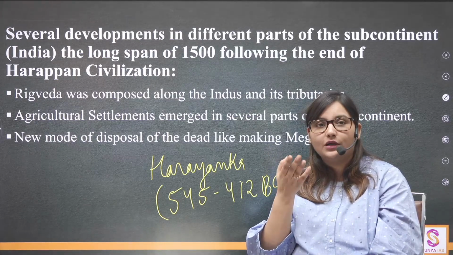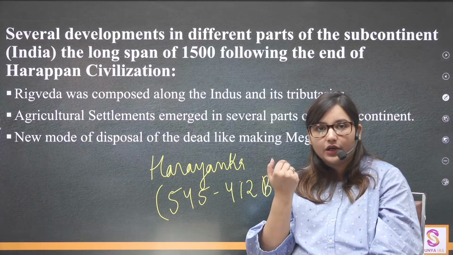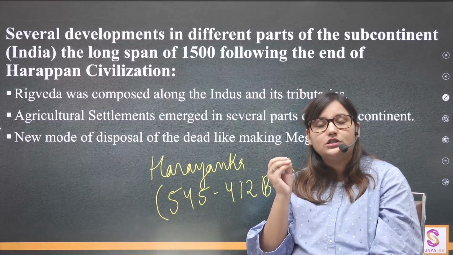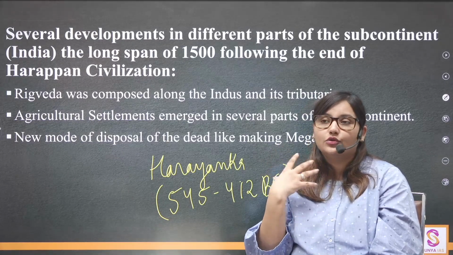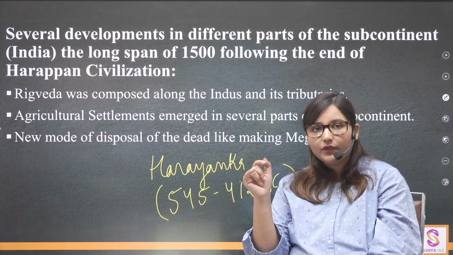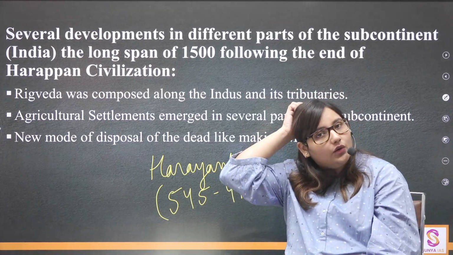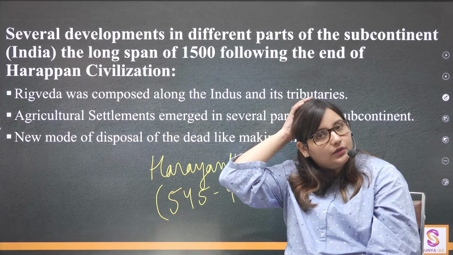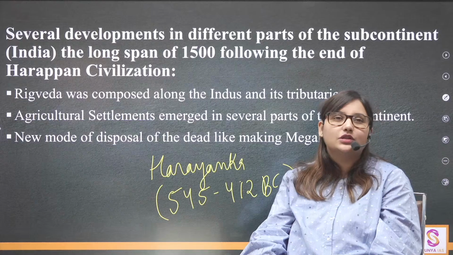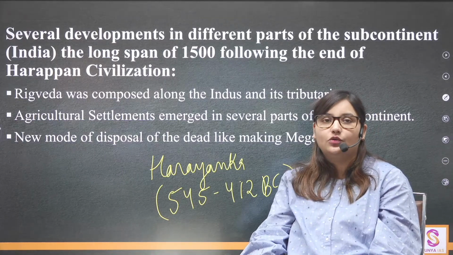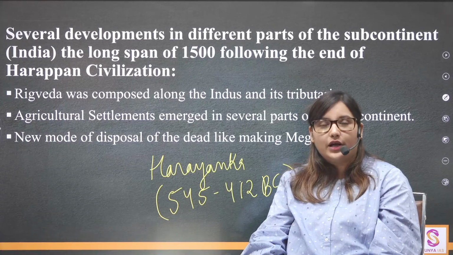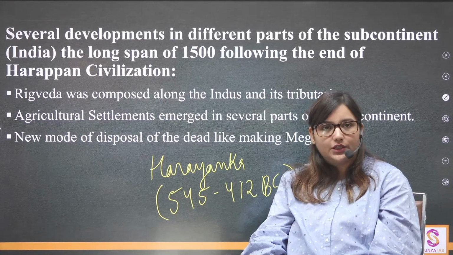They used to do these matrimonial alliances just to stop the wars. So Prasenjit's daughter married Ajatashatru and then peace was restored. This was the story of Ajatashatru, who killed his father and then had this war against Prasenjit.